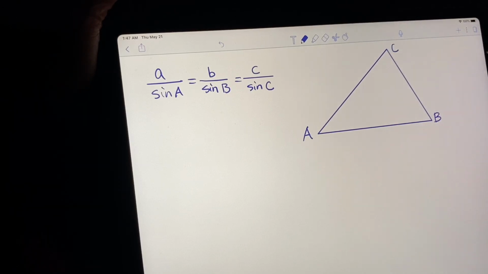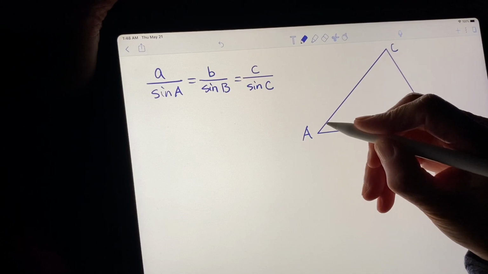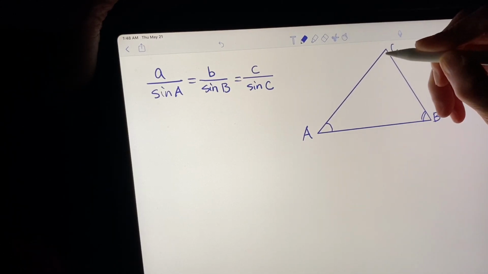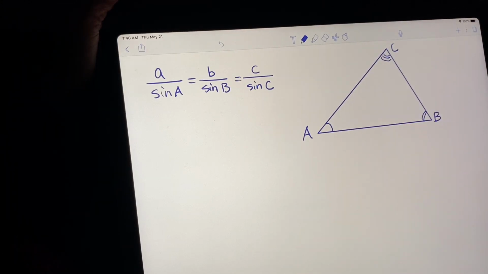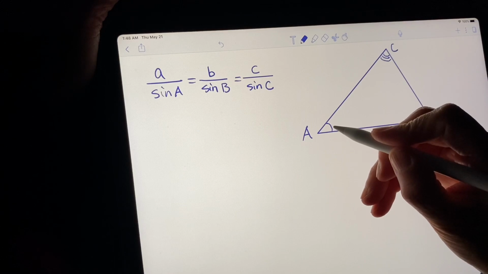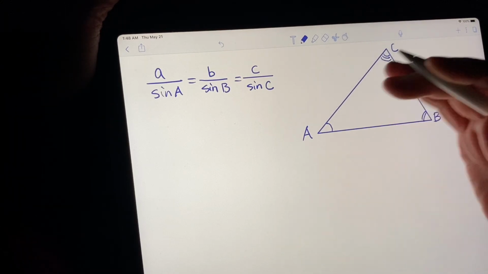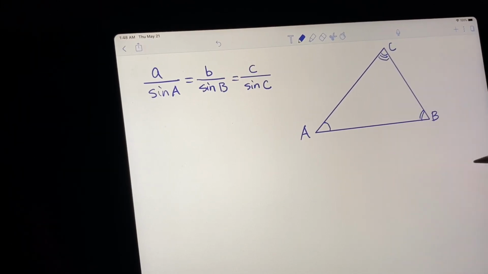So here are three angles: A, B, C. They are different, so I have different lines. If they are the same, I can mark them with one line to illustrate they are the same. They are scalene or anything.